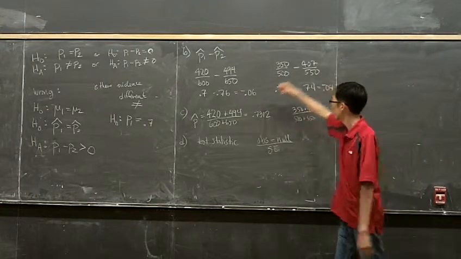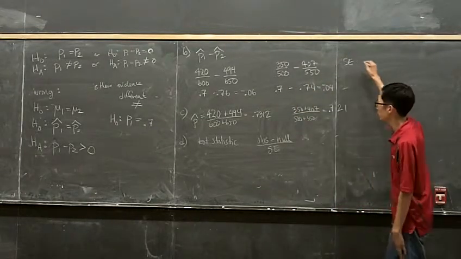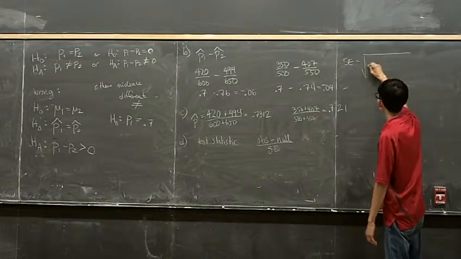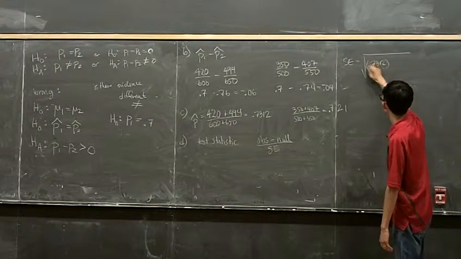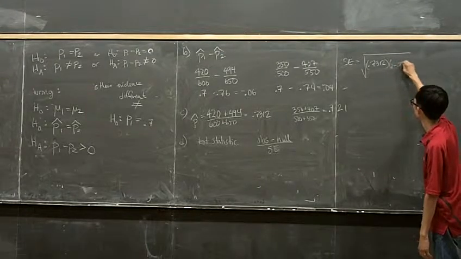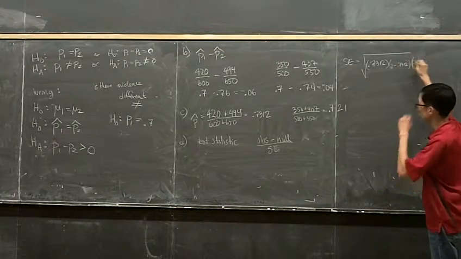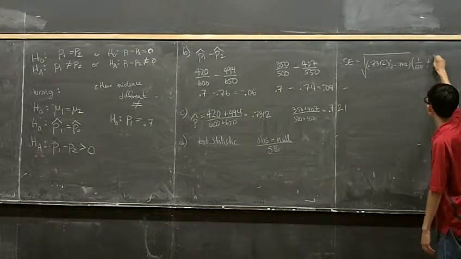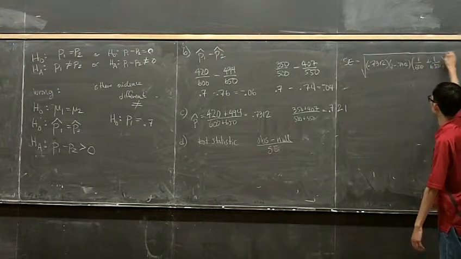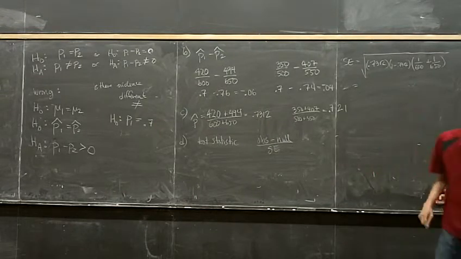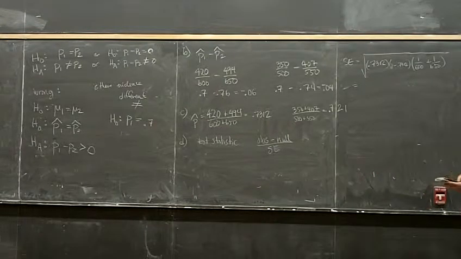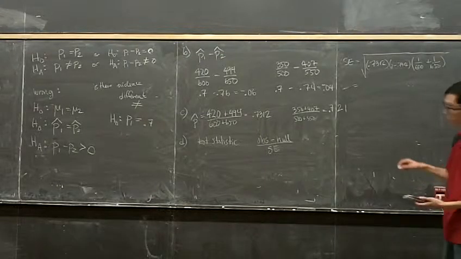If your p hat was 0.7312, your standard error is going to be the square root of 0.7312 times 1 minus 0.7312 times 1 over n1, which is 1 over 600, plus 1 over 650. And I'm getting 0.0251 as my standard error.